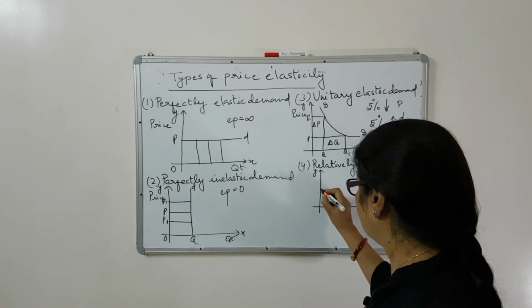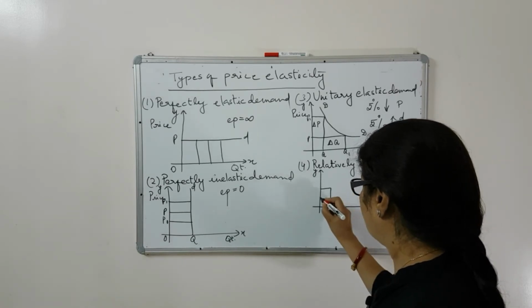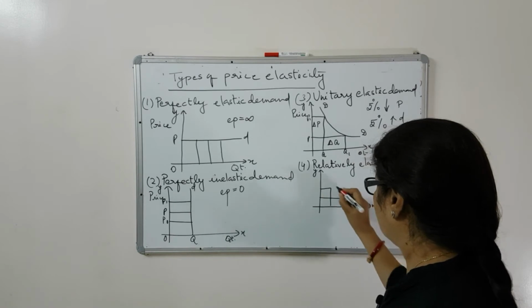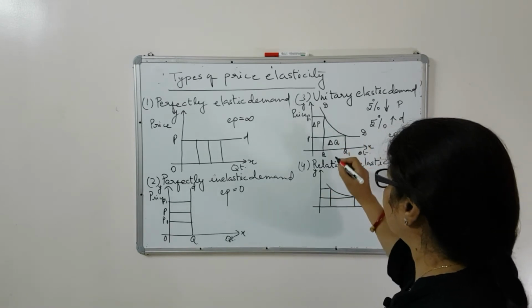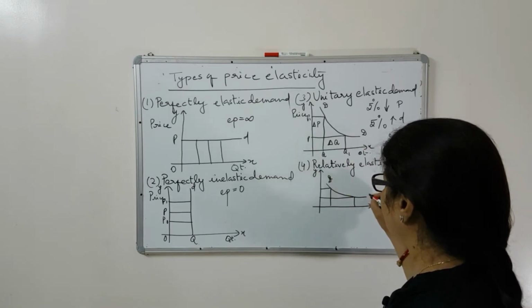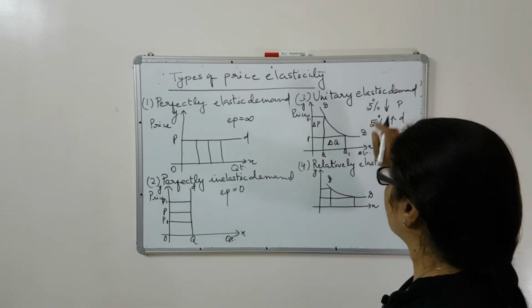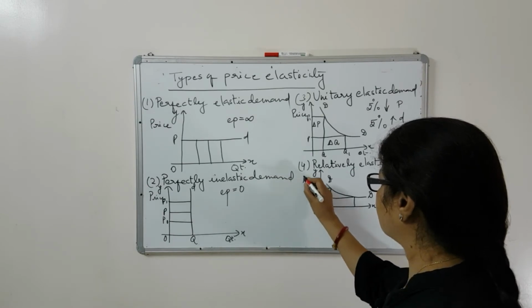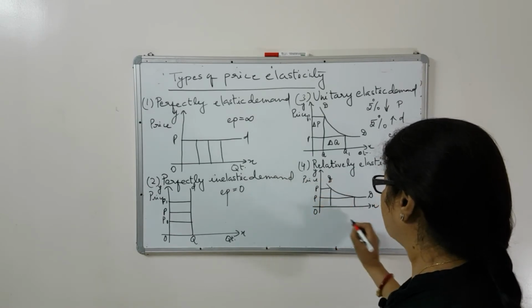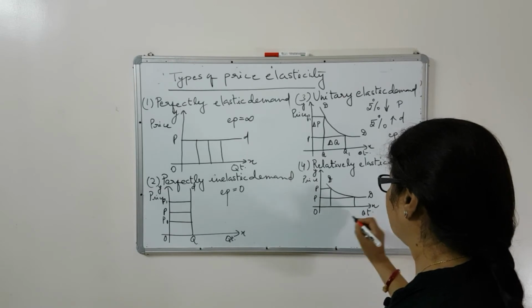Here you can see that the demand curve is relatively flatter in comparison to unitary elastic demand. This is price, and the x-axis is always quantity.